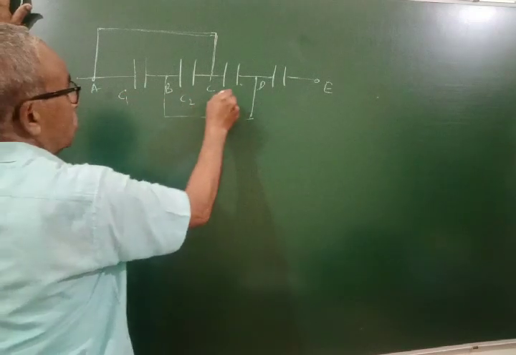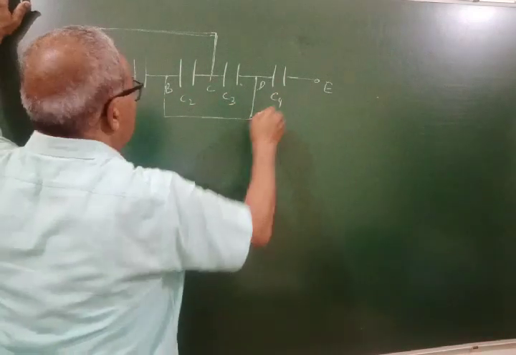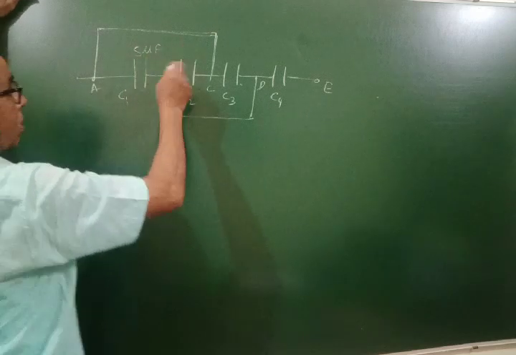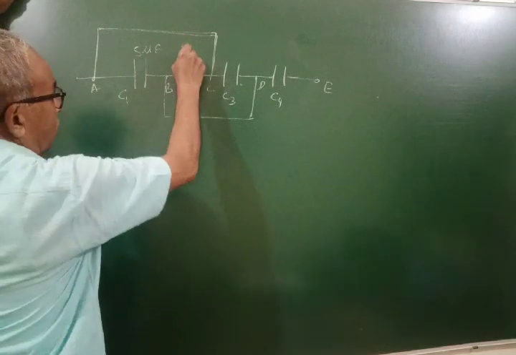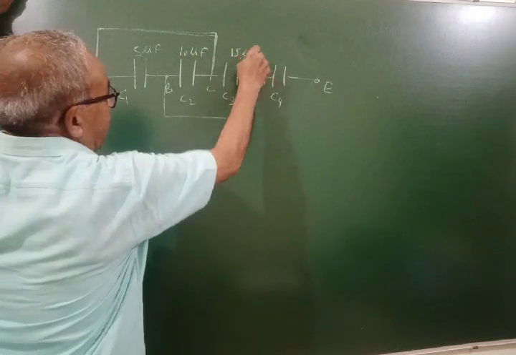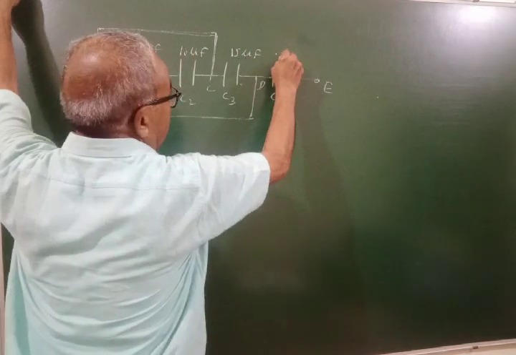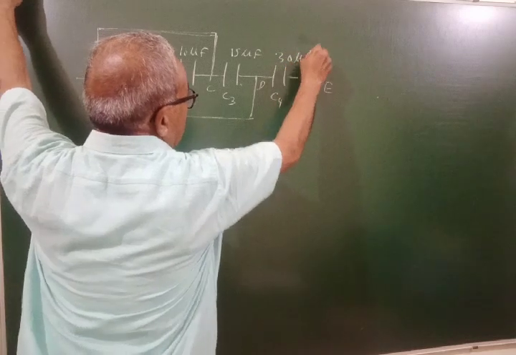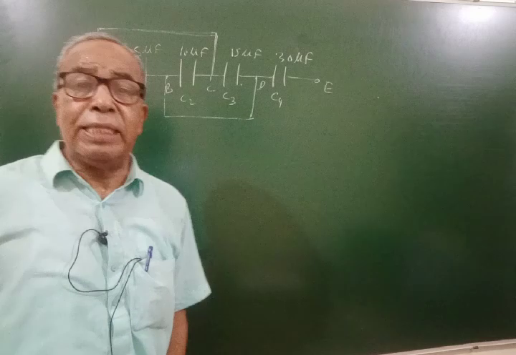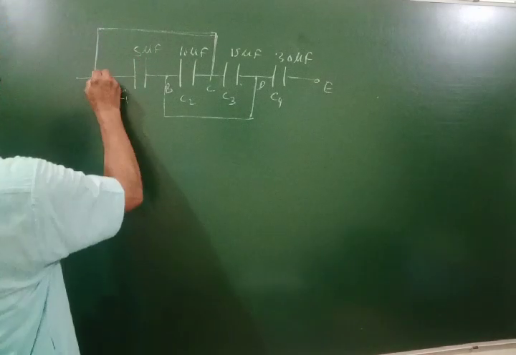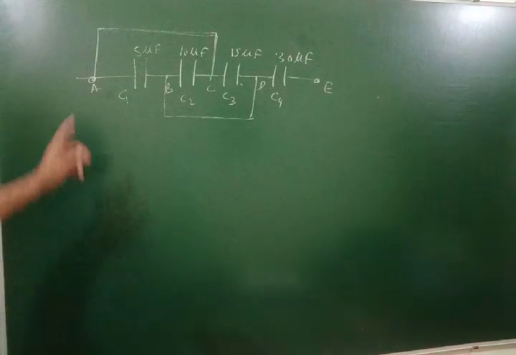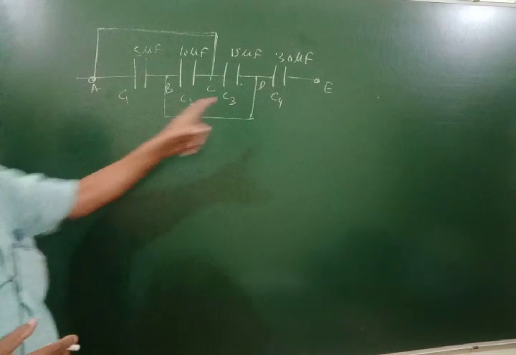C1, C2, C3, C4 are 5 microfarad, 10 microfarad, 15 microfarad, and 30 microfarad. The question is to find the equivalent capacitance between point A and E.